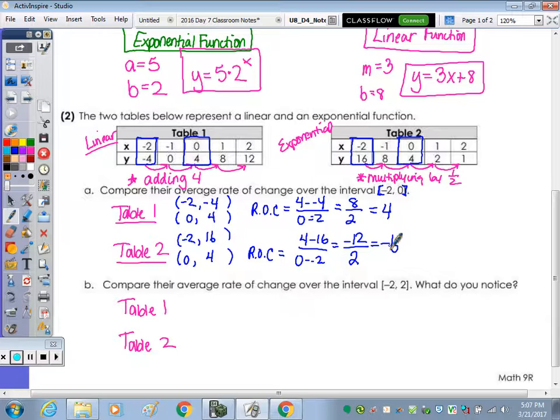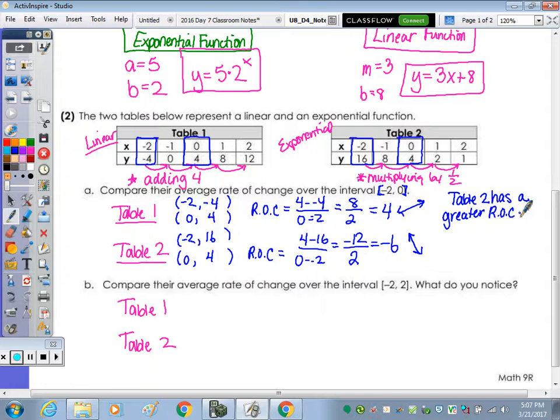Compare their average rate of change. Well, table 2 has a greater rate of change. I'm realizing it's negative, but negative is just indicating the direction, versus a positive. So table 2 has a greater rate of change.